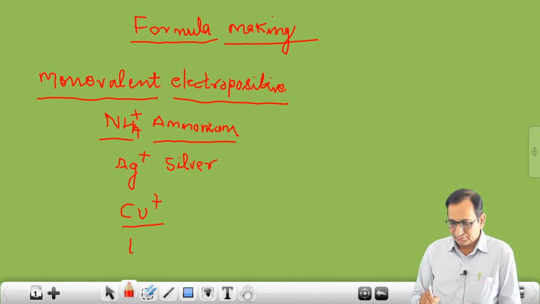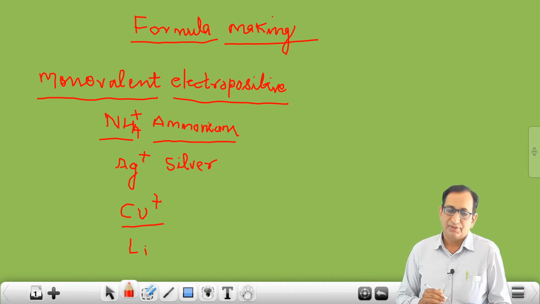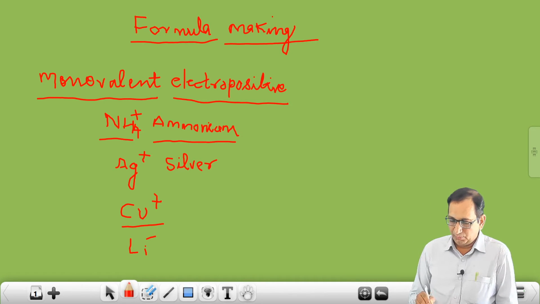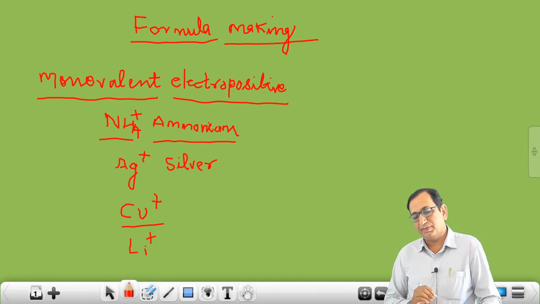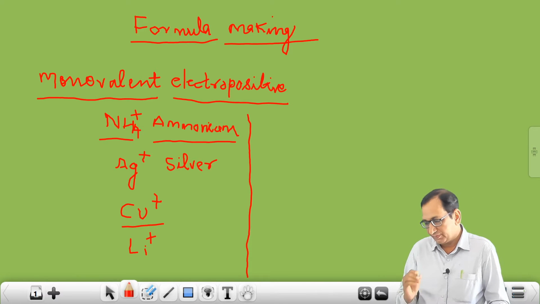Next students, lithium, Li, this I told you in the list also, it has one positive valency, so here Li plus.